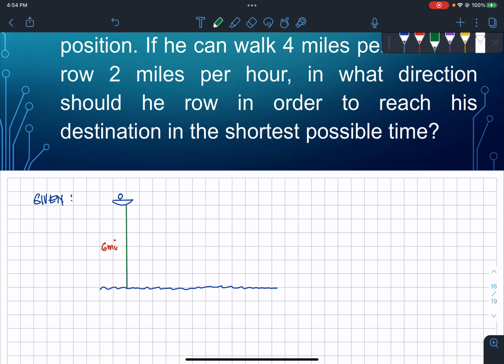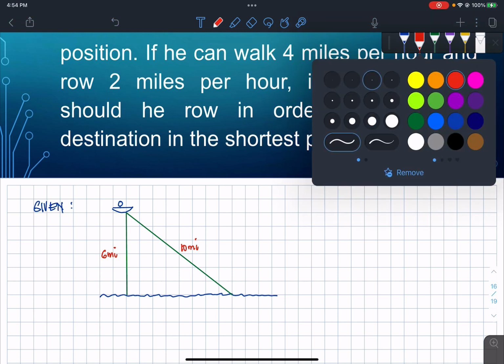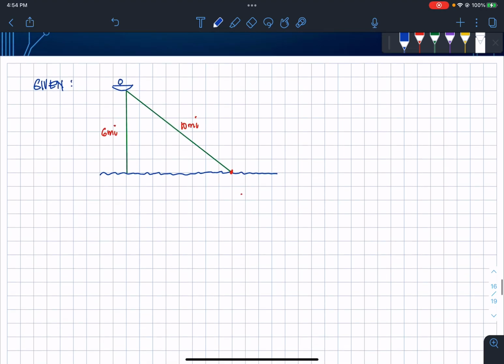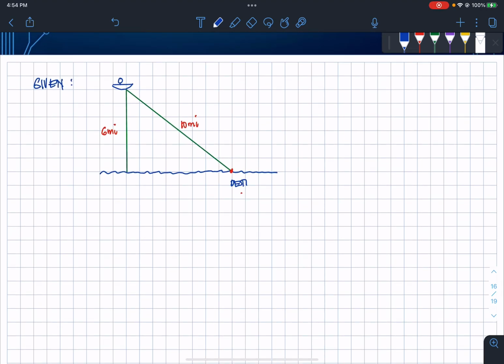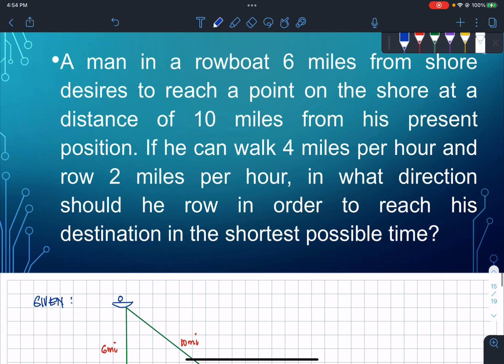So from the shore, 10 miles down. He wants to reach this point, which is the destination of the man.